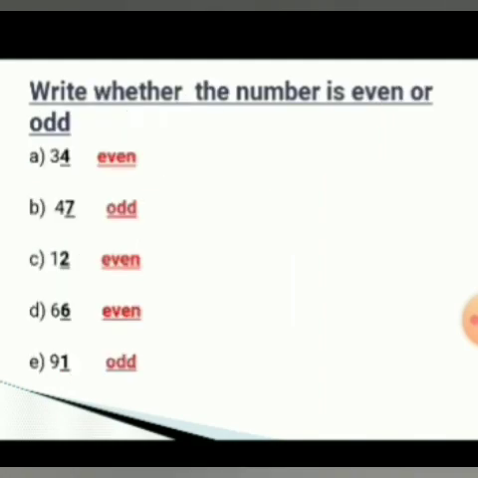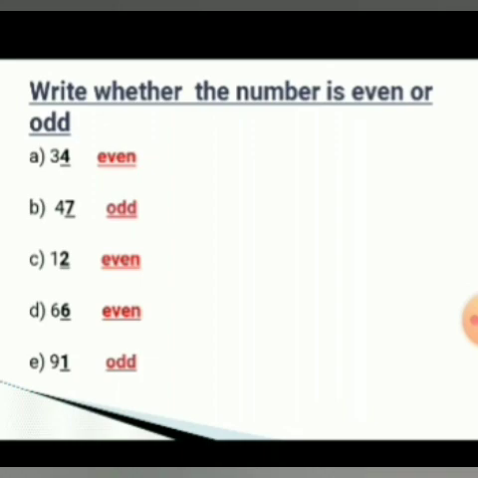Okay, and the last one was: write whether the number is even or odd. Even number means the digit at the ones place is 2, 4, 6, 8, 0, and in the odd it should be 1, 3, 5, 7 and 9. If you find an even digit at the ones place, it is an even number. Like 34, the last number is 4, so it's an even number.